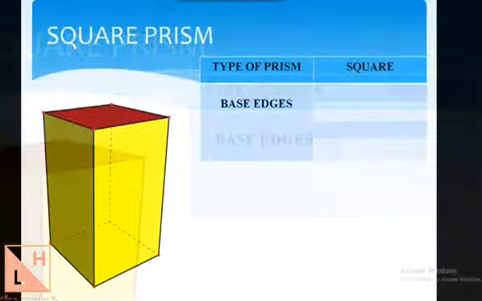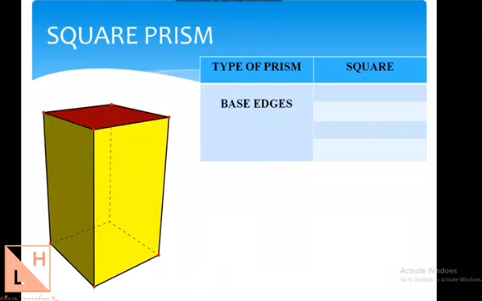When we call it a square prism, you must understand the base is made up of a square, as you see here. Though the sides do not look equal in this particular diagram because it is not oriented orthographically, this is at some other angle. But just understand that the base is made up of 4 edges.